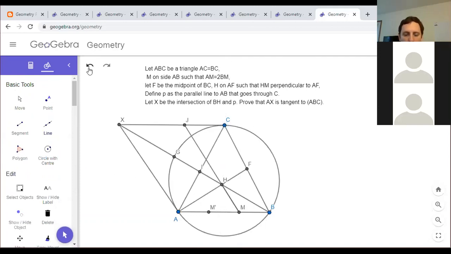No. So BX is a symmedian. We should add the B median here too.